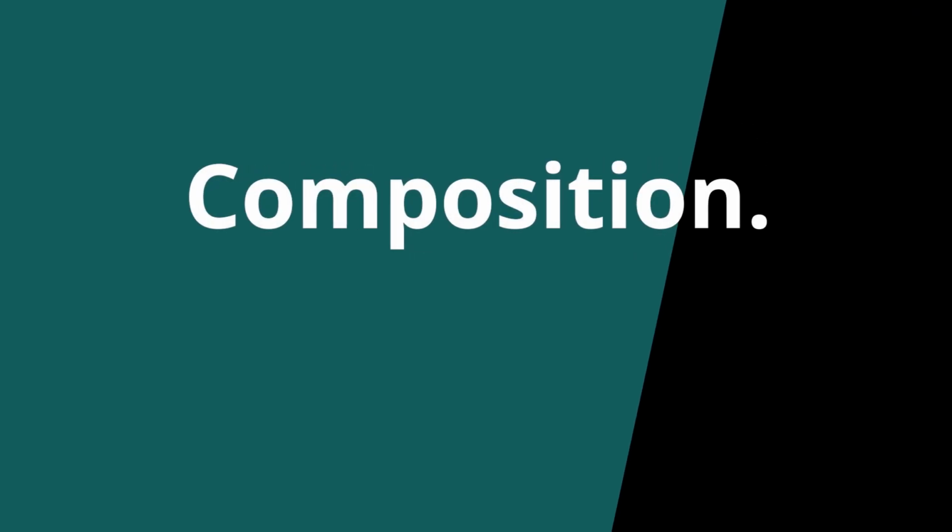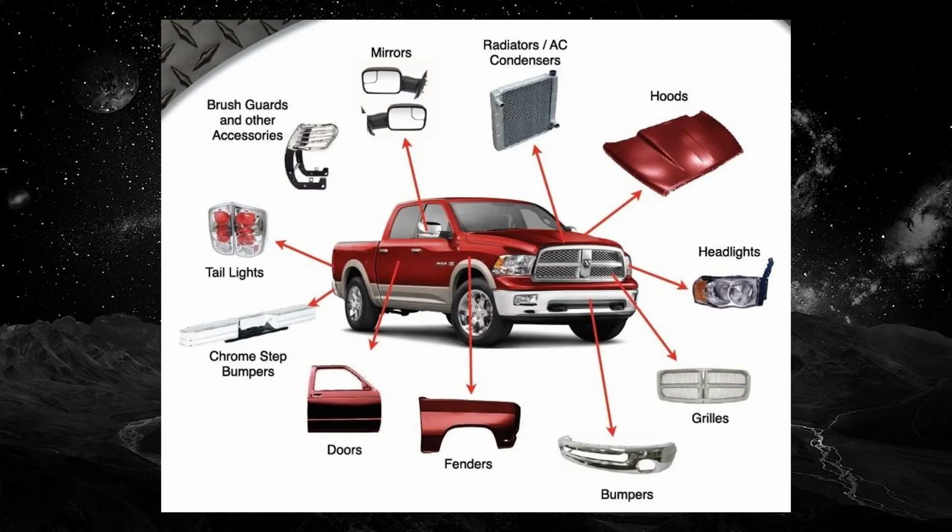So what is composition? The idea of composition is very simple. Think about a car. A car is an example of composition. You have a prototype that companies make, and then they have several little pieces like engines, like tires, and all these other little pieces that help the car do what it's supposed to do: drive and stop and do all these things.